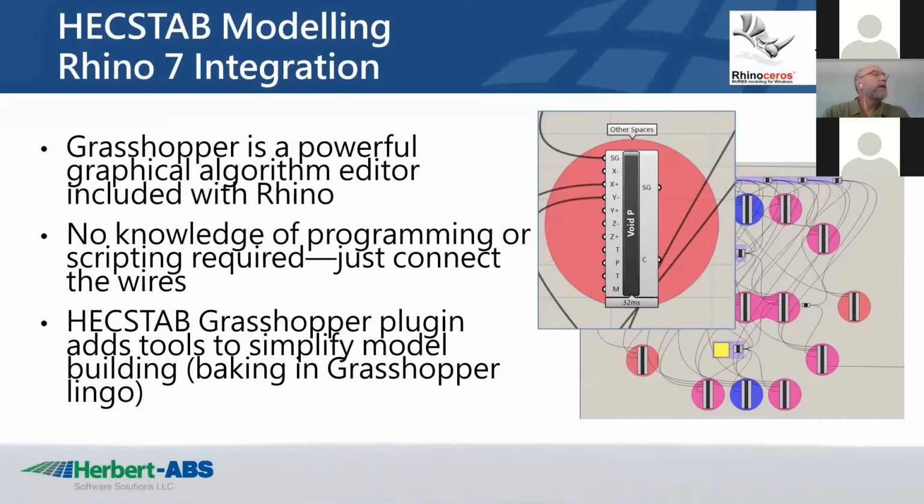But Rhino, I think since Rhino 6, ships with a tool called Grasshopper, which is really a graphical programming language, which allows you to lay out operations in order to build geometry. These pictures on the right here are some examples of how this is done to generate compartments, and this is what we're going to build in a second.